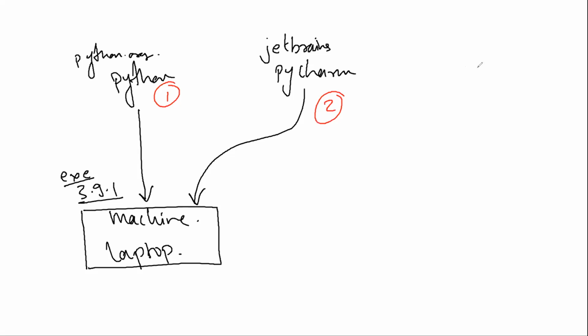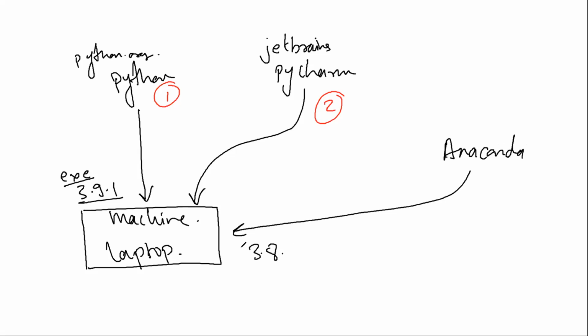The third, you are installing Anaconda. This is bringing 3.8 point something into your machine. Again, an executable is coming in your machine. So this is your third installation, and this is actually bringing the conda executable, known as conda. Now, when you run programs in PyCharm, PyCharm has two options.